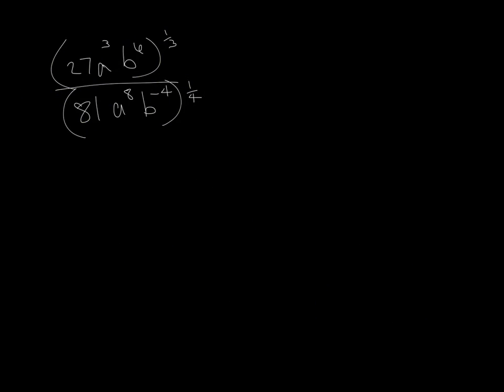Okay, this is number 80 in the problem set. So let's go ahead and solve this one. We're going to distribute that 1/3 to everything. So we are going to write it as 27 to the 1/3, a to the 3 times 1/3, b to the 6 times 1/3.